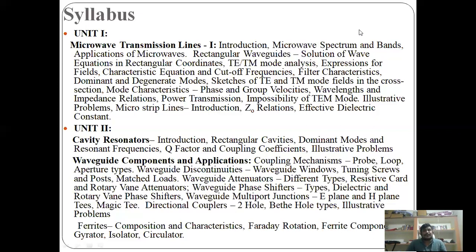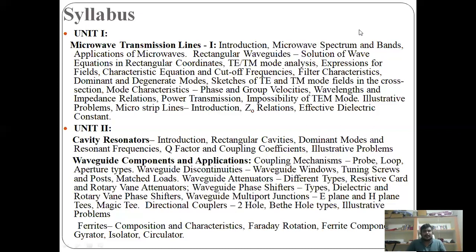After that, waveguide components and applications. In EDC we studied active components and passive components. If you have a transistor, MOSFET or diode, you can't use it alone. You need components to be connected to get a circuit and an application, like resistor, capacitor, inductor.